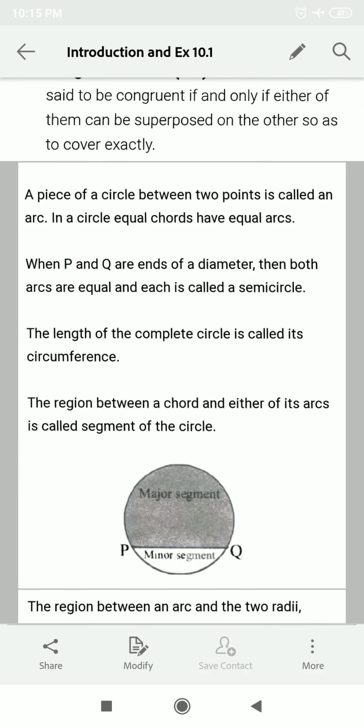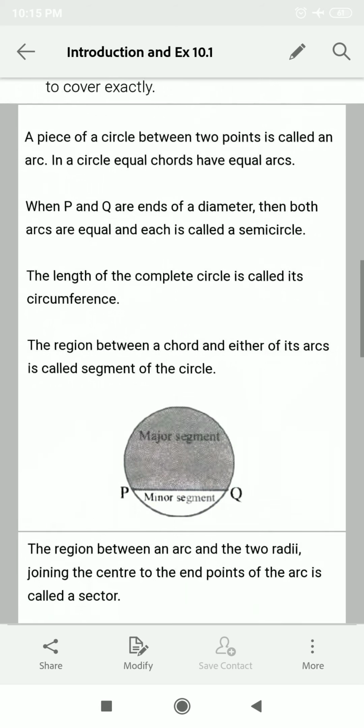Now we will study the major segment and the minor segment. A piece of a circle between the 2 points is called an arc. You know that in a circle, equal chords have equal arcs. When P and Q are the ends of a diameter, then both the arcs are equal and each is known as a semicircle.